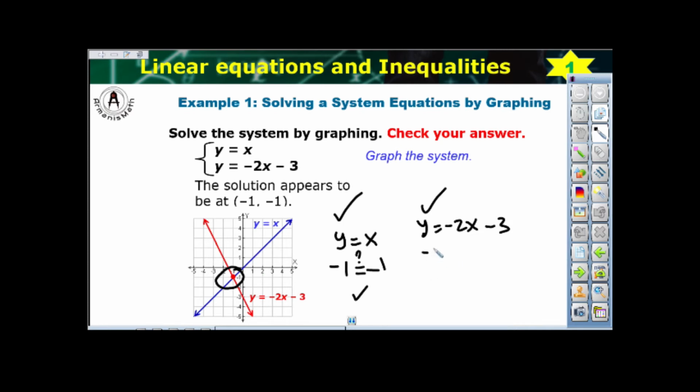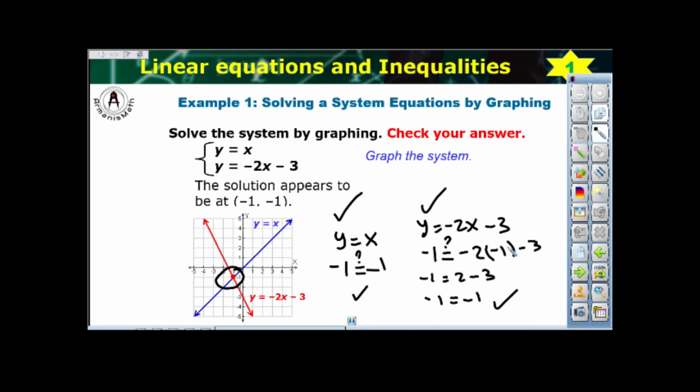So -1, does that equal to? And you're asking a question, by the way, you're checking. It's not going to get offended if it doesn't. -1 minus 3. So that's -1 equals 2 minus 3. That's -1 equals -1. Yep, it does work. So I checked it on both, and it worked on both.